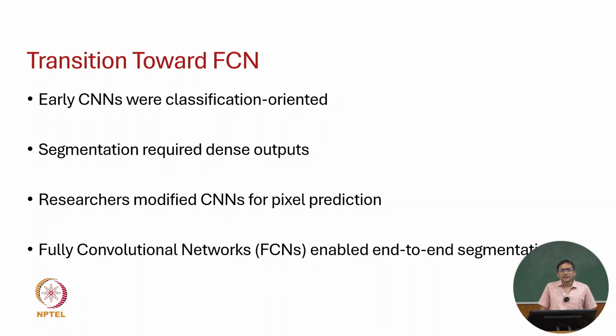That's why the classification oriented CNNs needed some modification for dense output or for pixel-wise prediction. And this was achieved by designing fully convolutional networks. So we'll go into more details of this.